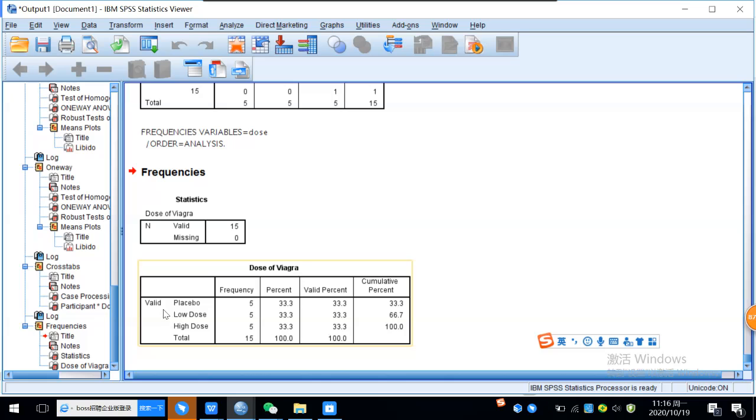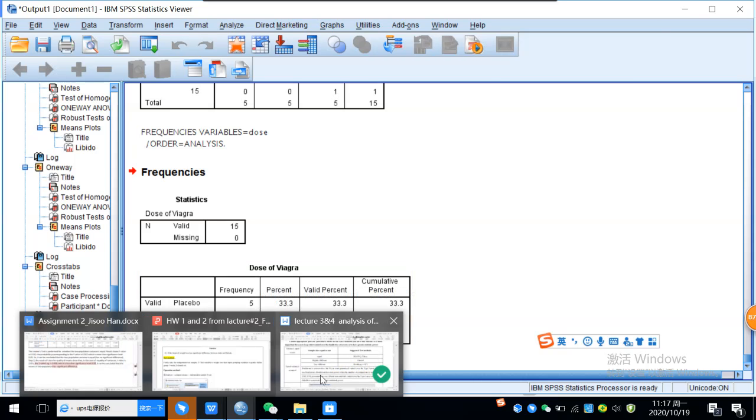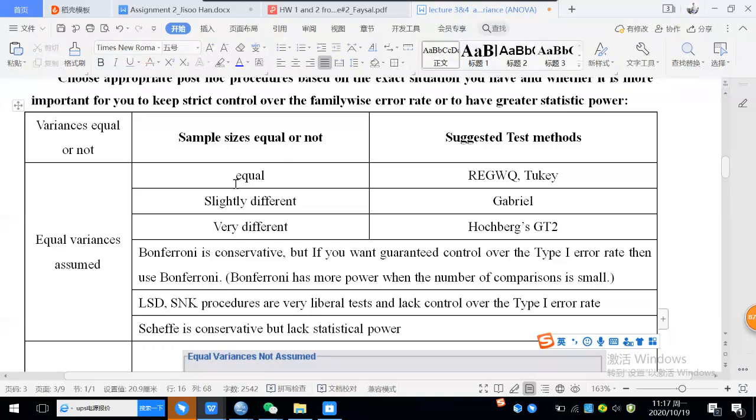Look at here. We have 5 placebo, 5 low dose, 5 high dose. Here's the frequency. So that means 5 respondents on placebo, 5 people use the low dose, and 5 people use the high dose. So all the sample sizes are the same, equal. If they are equal, then we can use REGWQ, Tukey.